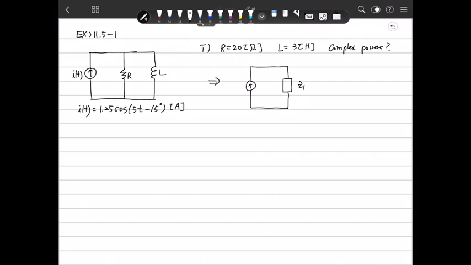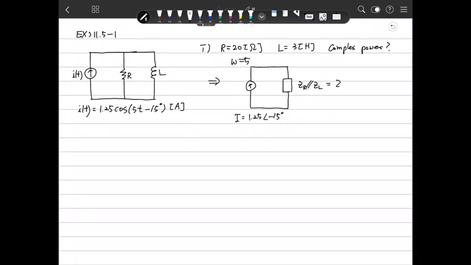And this is a parallel ZR and ZL. Here omega is 5, therefore I is 1.25 with phase minus 15 degrees.